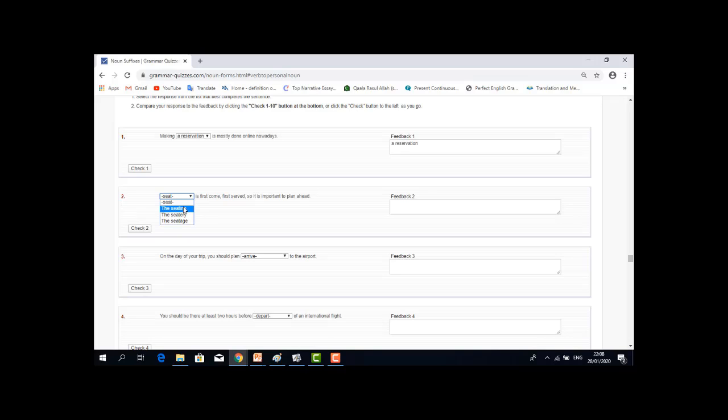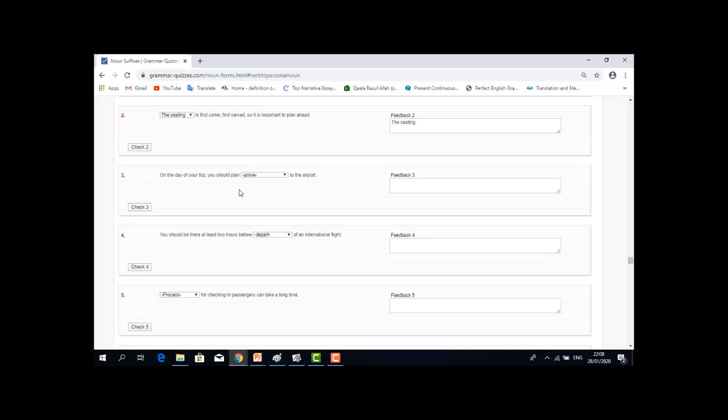What is your choice? Number 1. Excellent. Number 3. We will need the noun from the verb arrive, and the choices are an early arrival, an early arrivement, or an early arrival. Your choice is the last.